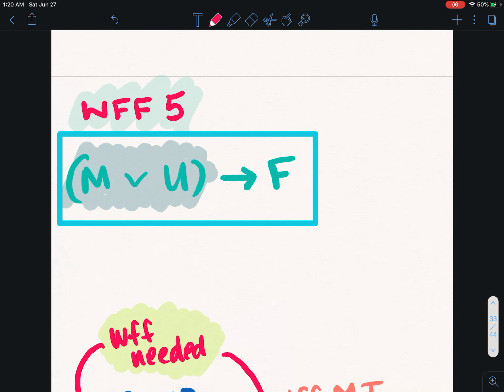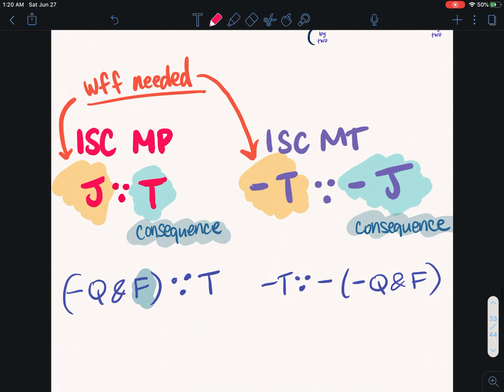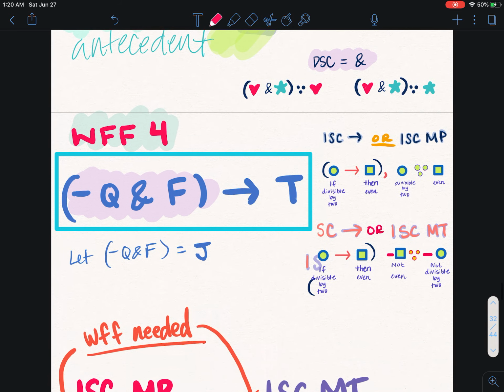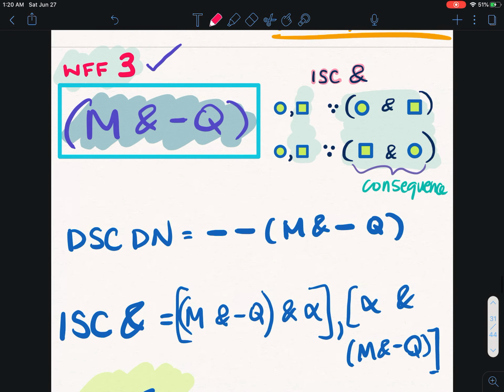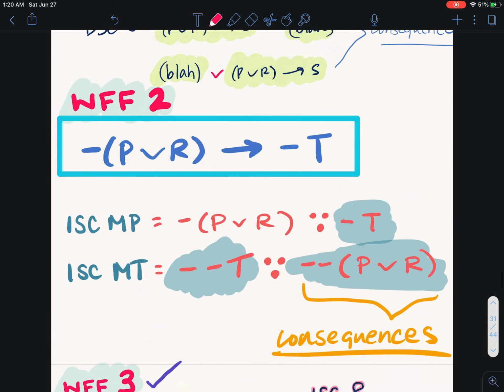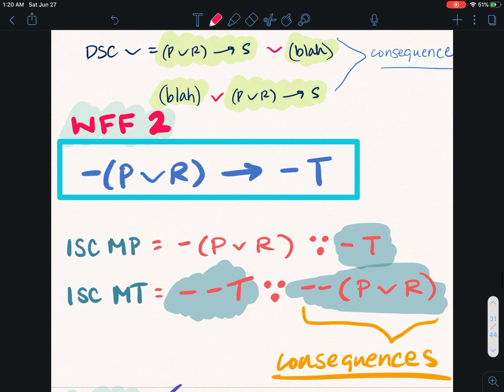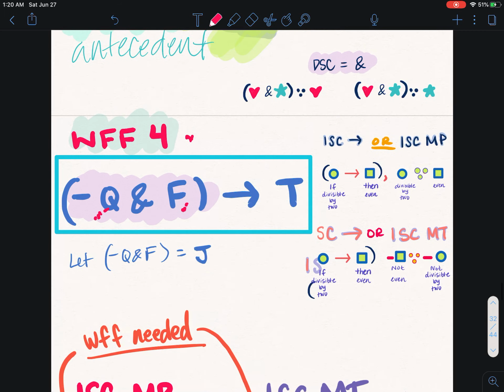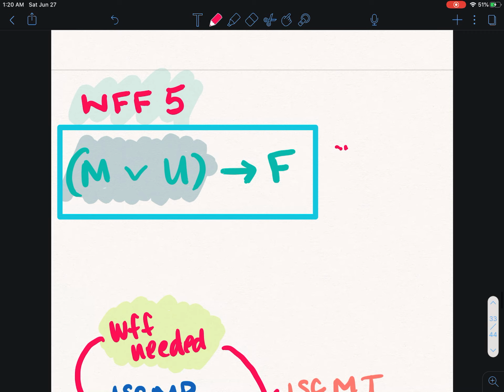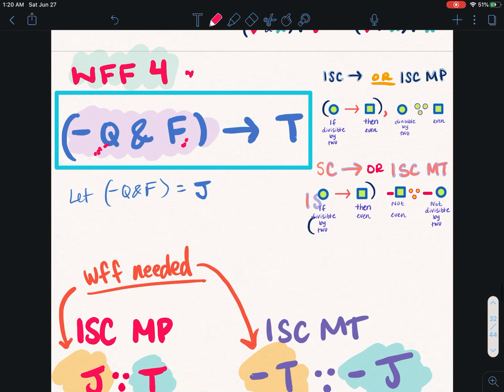So number 5 has it, so we'll focus on this one. Number 4 has it, we'll focus on this one. Oh, it has this one too. This one doesn't have it, needs an F. This one doesn't have it, this one doesn't have it. So we have 4 and 5, but we're going to focus first on 4 because it has both.